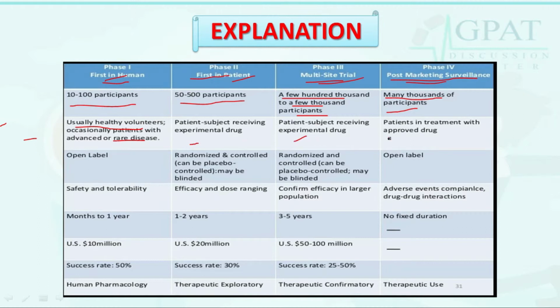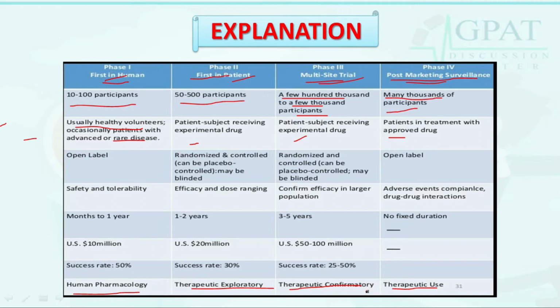You have to read them very calmly and memorize them. Phase 1 is known as human pharmacology, phase 2 is therapeutic exploratory, phase 3 is therapeutic confirmatory, and phase 4 is therapeutic use. So just try to memorize these, it is also very important.